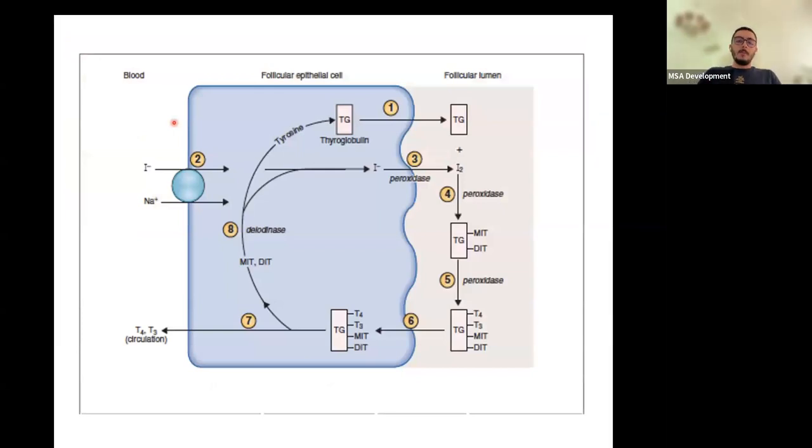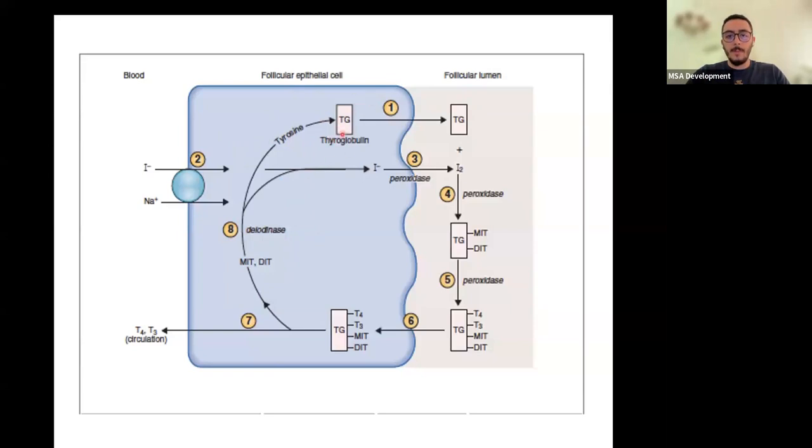Now let me start talking about the whole process of the synthesis of thyroid hormone, T3 and T4. The first step is thyroglobulin. Thyroglobulin has to be seated in the follicular lumen for the whole process to start. It is made in the follicular epithelial cell.